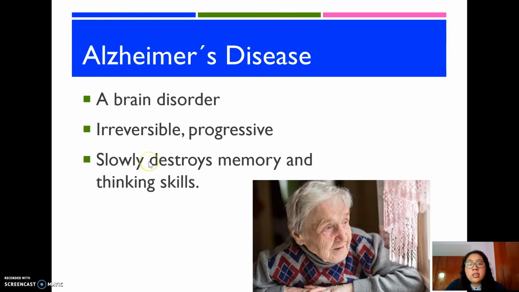As it says here, it slowly destroys memory and thinking skills. And well, it is not a rule, but in most of the cases, this pathology damages older people. However, there are cases of people who are 30 years old.